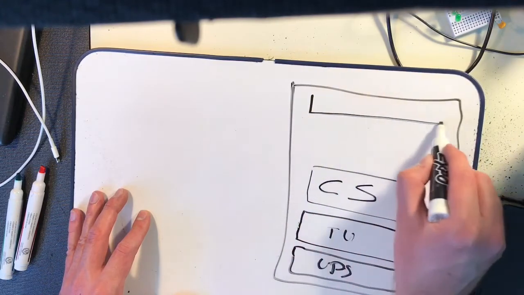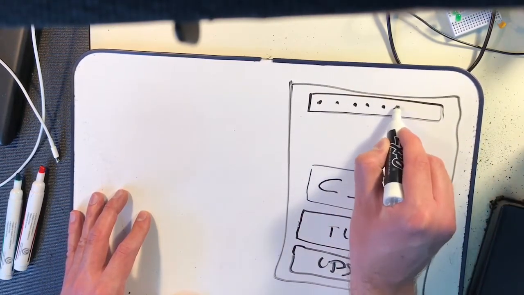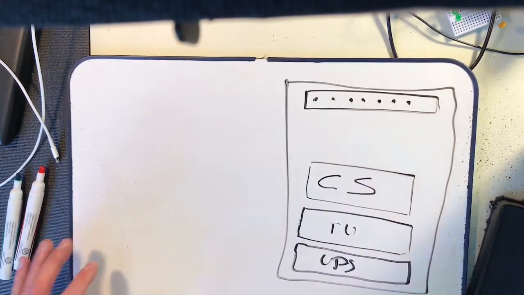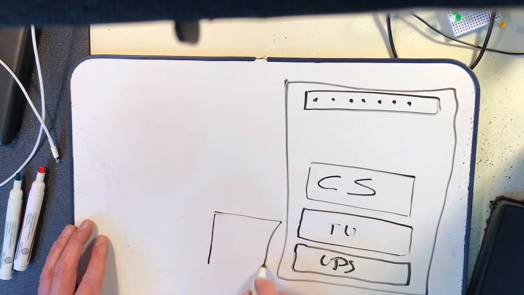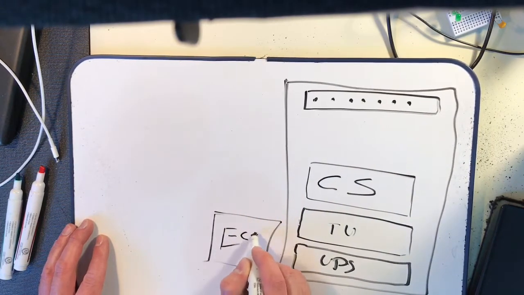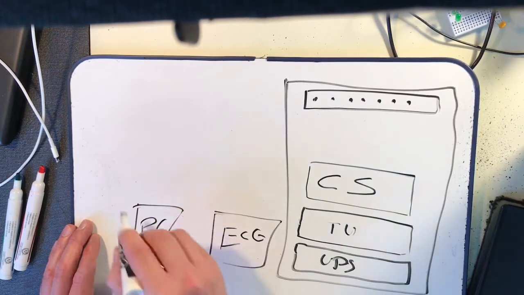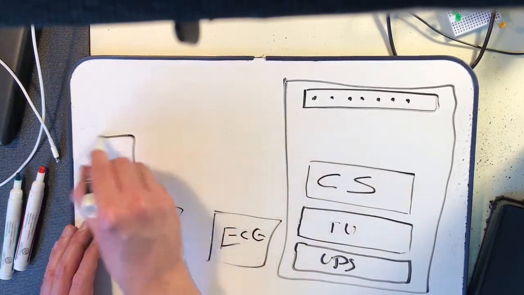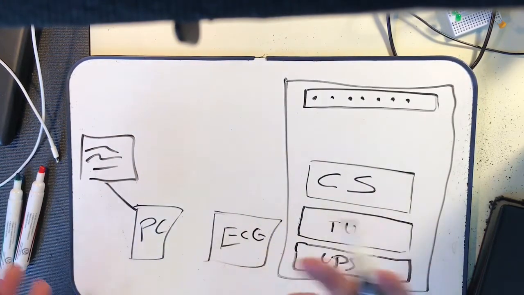And on the very top, we have our switch. And it has a bunch of ports, but I'm not going to draw them all out. I'll just draw a couple. Now, we also have our ECG and our PC, which in this case is running something like Wireshark because we want to watch the data or whatever we're doing with it.